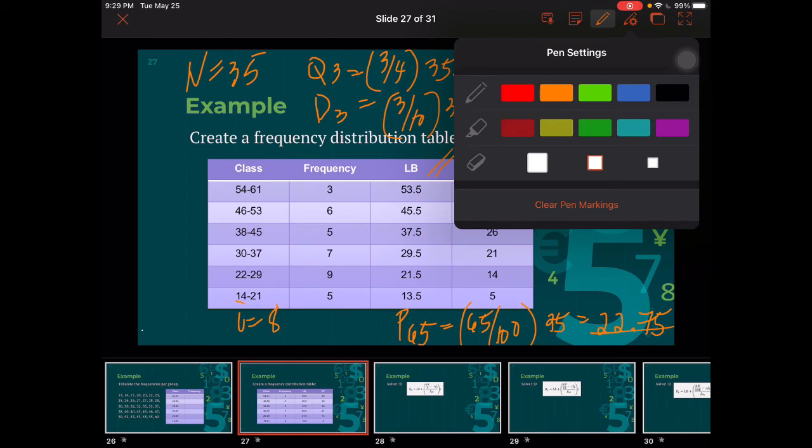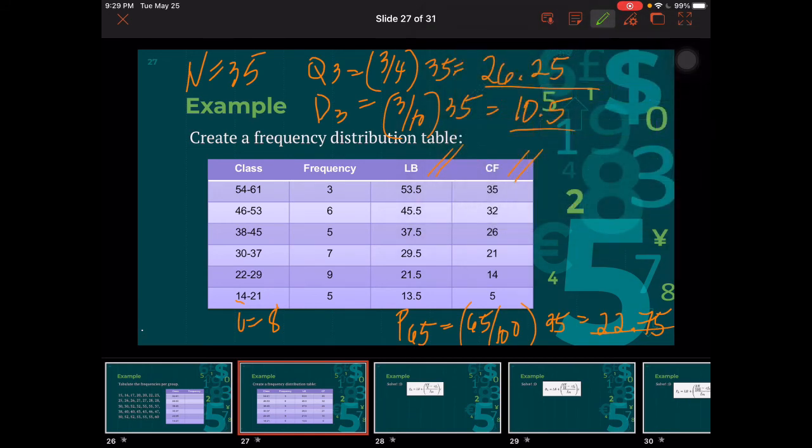So now that you have your positions, let's try to plot them in our frequency distribution table. I'm going to use green for Q3. Q3 is 26.25. Now, this is interesting kasi 26.25 ito, pero nasa cumulative frequency natin, 26 siya. Yun yung limit ng class. So, ano gagawin natin? Pupunta pa tayo sa class na ito or dun tayo sa upper class? Okay?